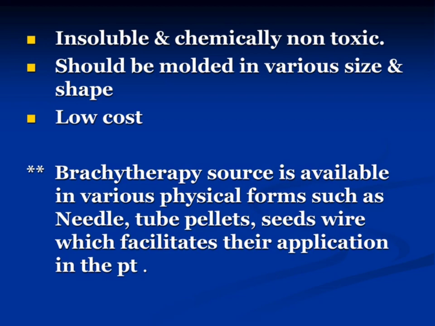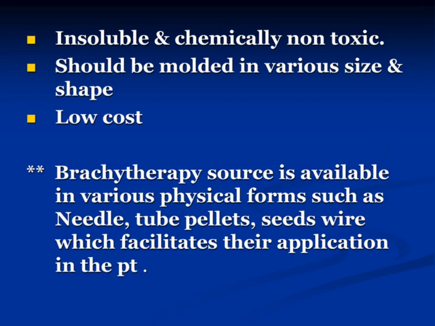So that led to the discovery of many other radioisotopes because of the problems with radium. An ideal source for brachytherapy should preferably be a gamma emitter with energy ranging around 200 keV, should be monoenergetic, and should have a fairly long half-life for a temporary implant, but for a permanent implant should have a short half-life, either a few days or hours.